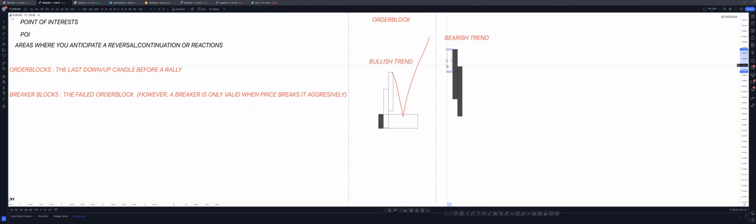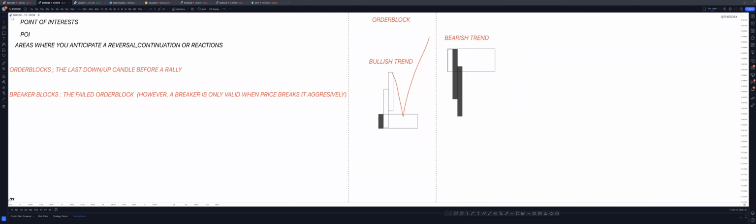Where is the order block? The last up candle, which is the last bullish candle. Up candle simply means the bullish candle, and down candle simply means the bearish candle. That is our order block.